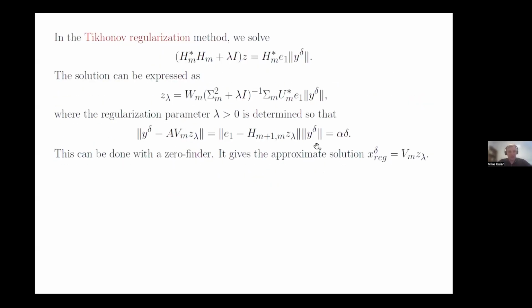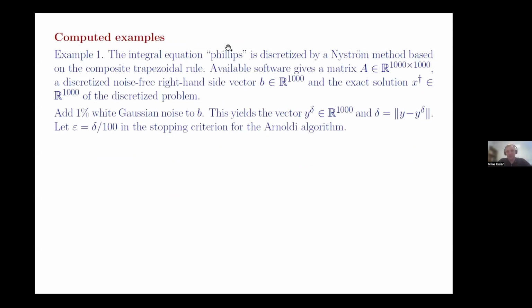Okay, we also did some numerical examples. We tested our Arnoldi-Tikhonov approach. Firstly, we tested it on classical integral equations, like the Phillips equation. It's one of the classical benchmarks because the exact solution is known. So we applied our method to it.